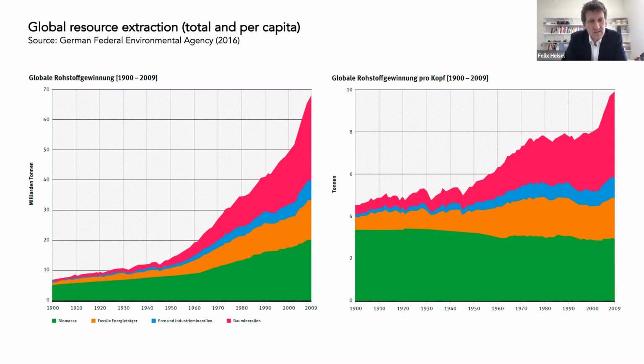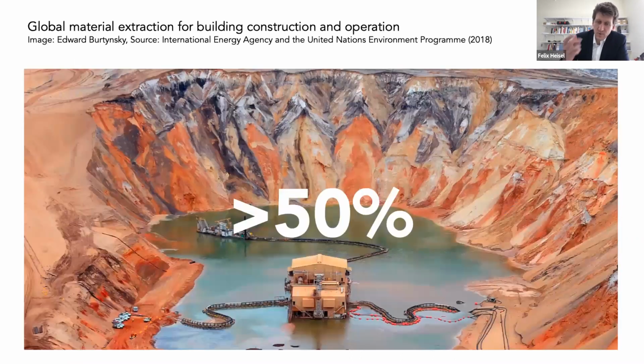And what you can see here as well is the influence of the built environment. The magenta colored are the building materials. And it's really important for us as architects to be aware of that, right? The influence of buildings over their whole life cycle is that we extract more than 50% of all materials from the earth for buildings.